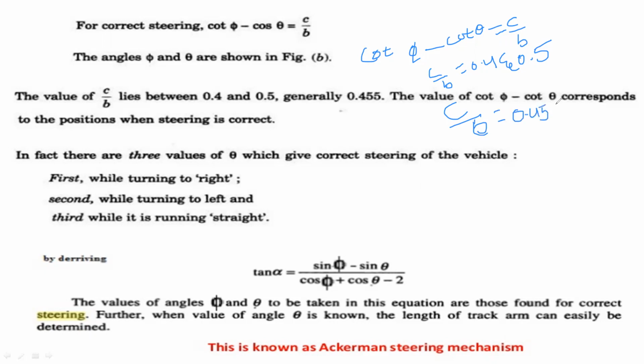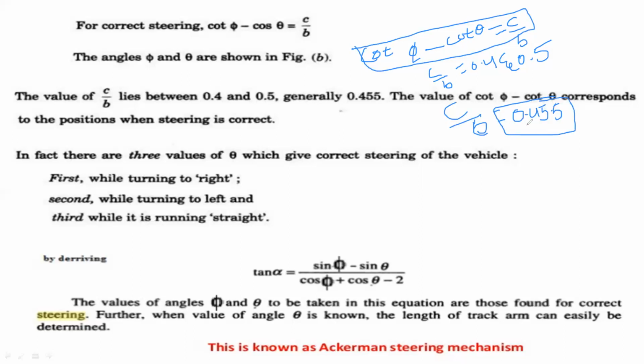I take the total values, the total distance, measured manually on that automobile vehicle. We can substitute those values in this equation. I can get the C by B value as 0.455.